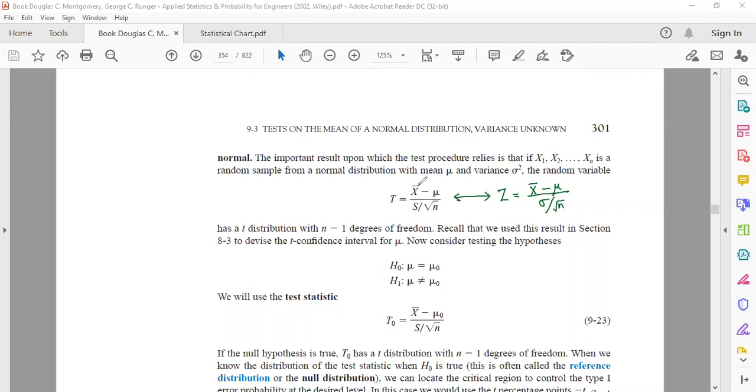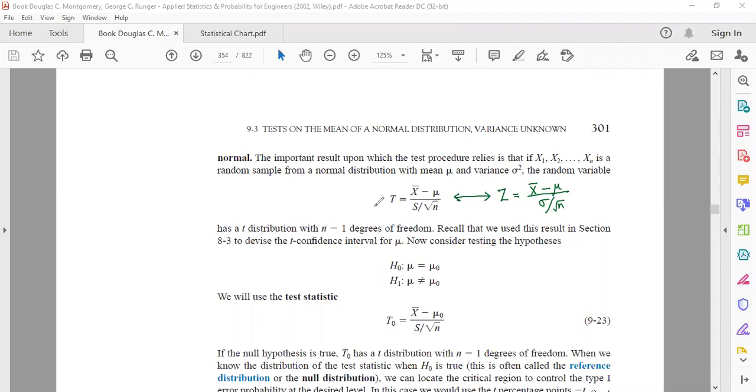X bar, the mean of the samples, is there, the population mean with some value is present. Small sample size, small n, is present, but what is not present is sigma. In place of sigma, we have capital S. It is also mentioned that this statistic, capital T, follows student's T distribution.